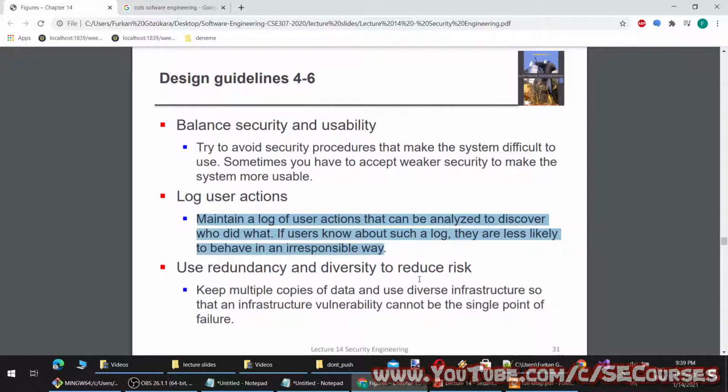If users know about such a log, they are less likely to behave in an irresponsible way. This is similar to having security cameras. When a person knows that there are security cameras recording everything, they tend to obey and follow rules much better and avoid illegal actions.